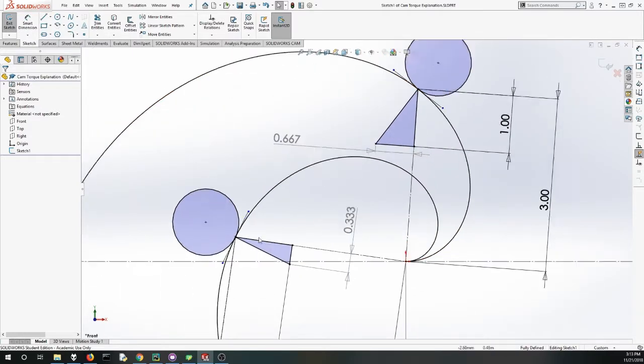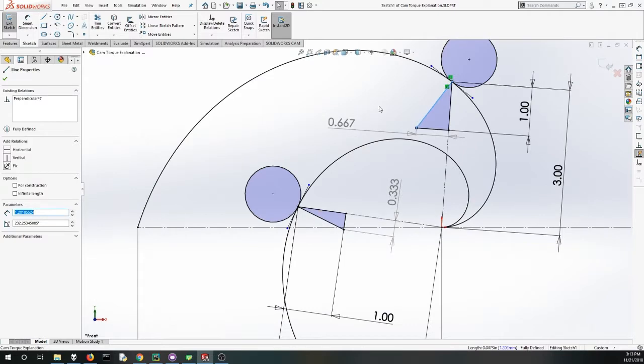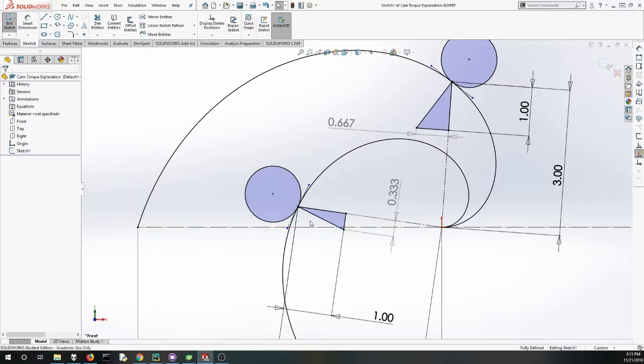And the reason I have those is so I can define this line and this line, which are perpendicular to the tangent lines. And these perpendicular lines represent the force between the cam and the roller.